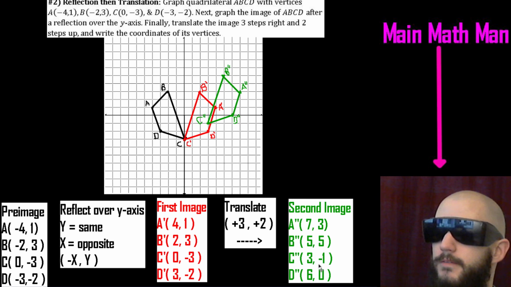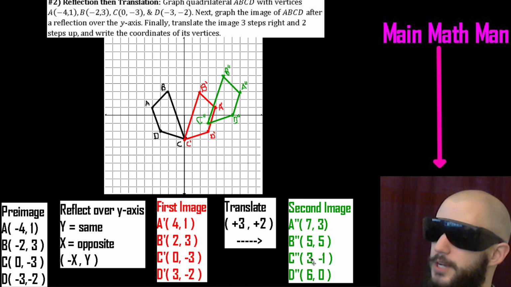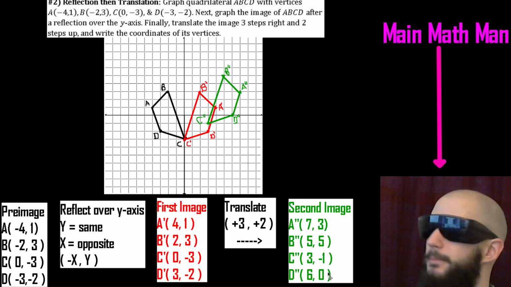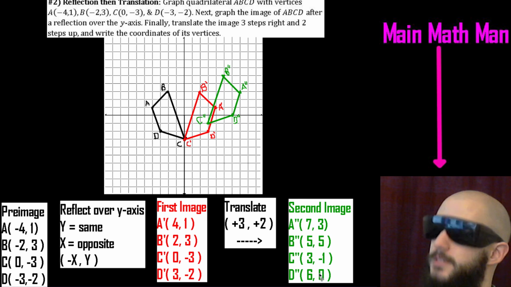Add those values up using your integer operations to get your exact points. And lastly, D double prime is going to be (6, 0).